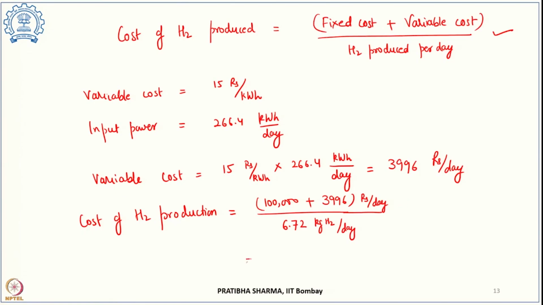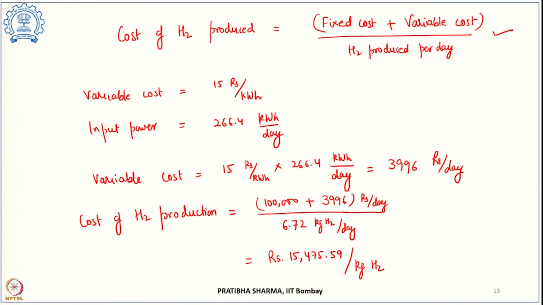So, using this we can find the cost of hydrogen production as rupees 15,475.59 per kg of hydrogen being produced. So, we have solved all the parts of this problem.